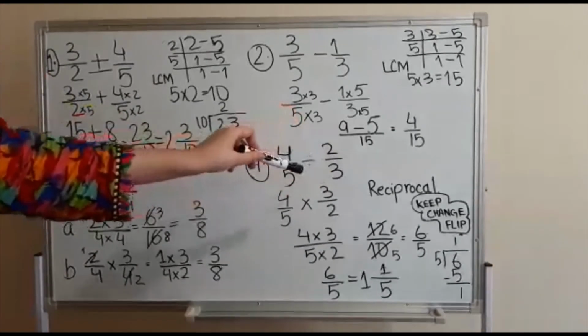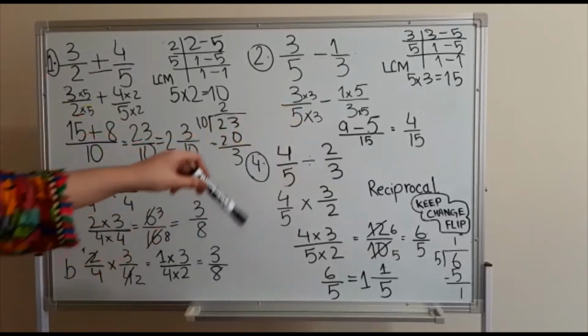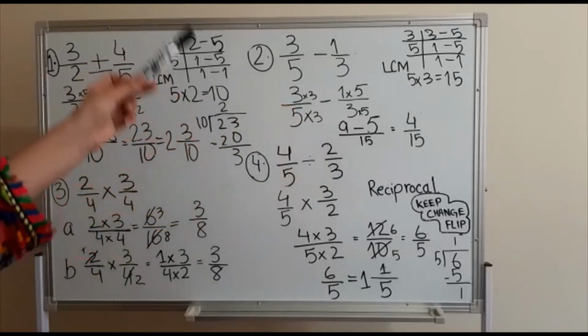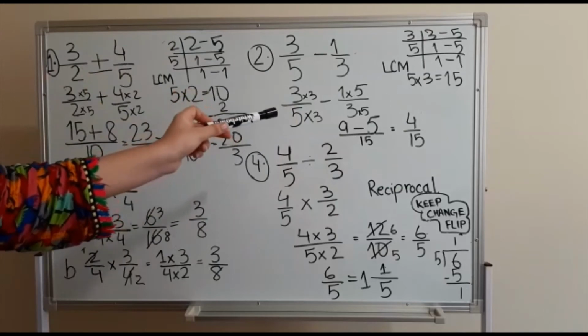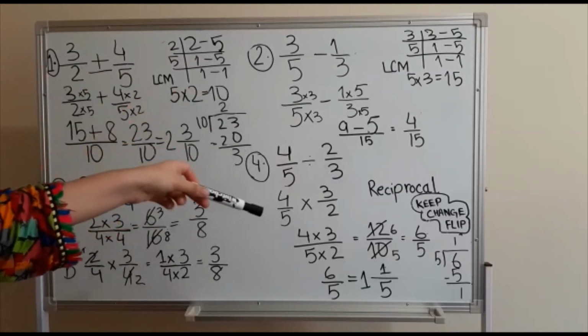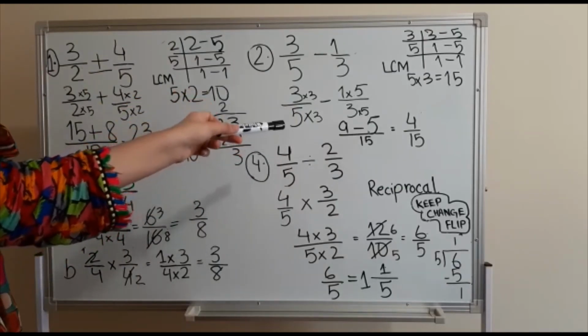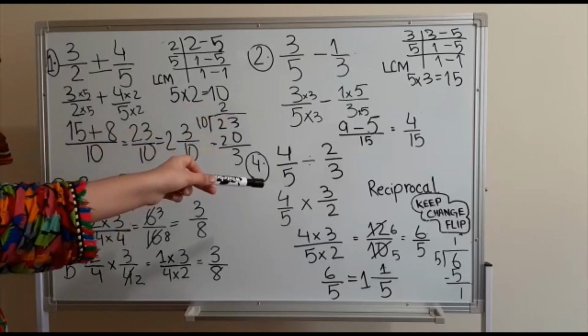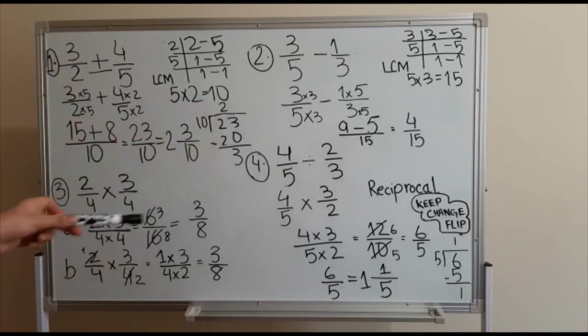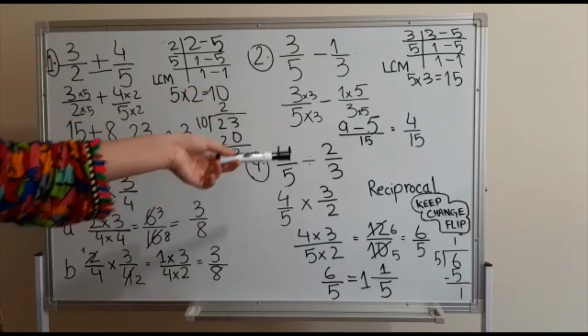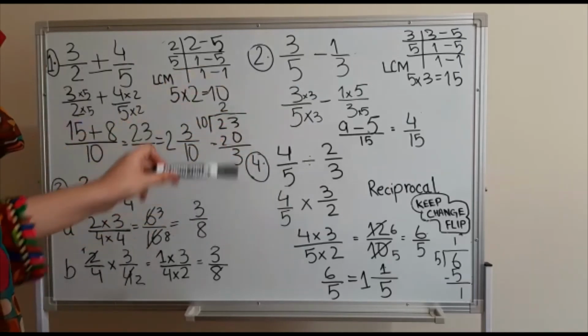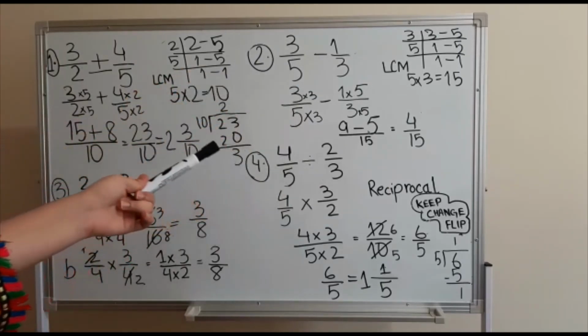This is a method where you keep the first fraction, change the sign. The opposite of division is multiplication. So you change the sign from division to multiplication, and then you flip the last fraction, which is 2 over 3, so you flip it and make it 3 over 2, okay?